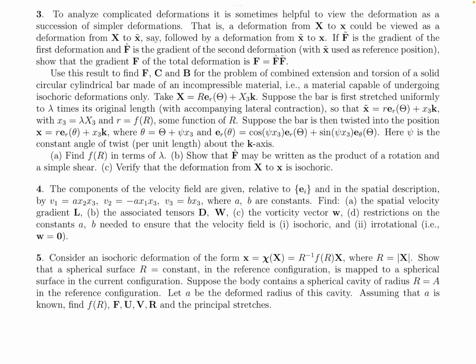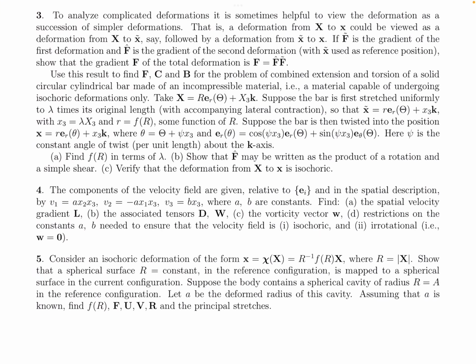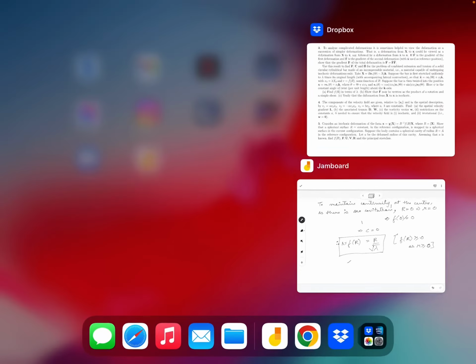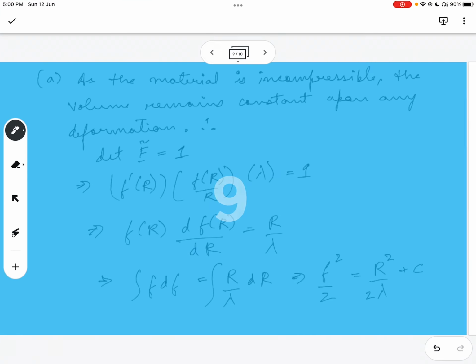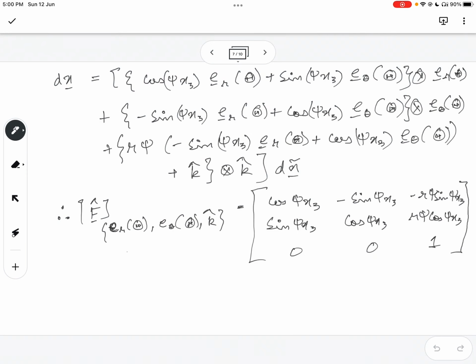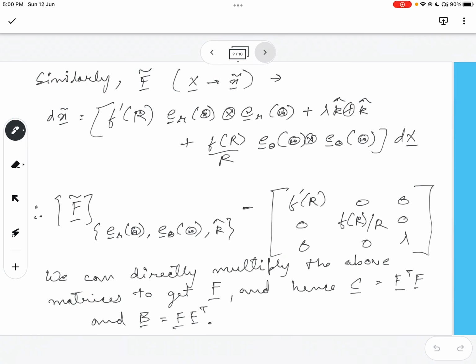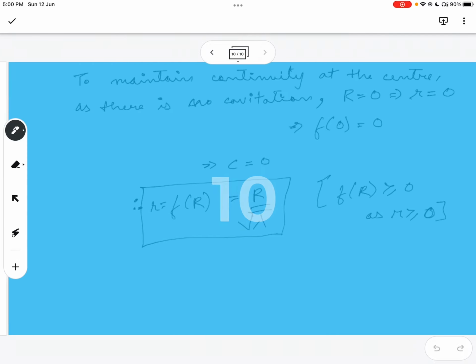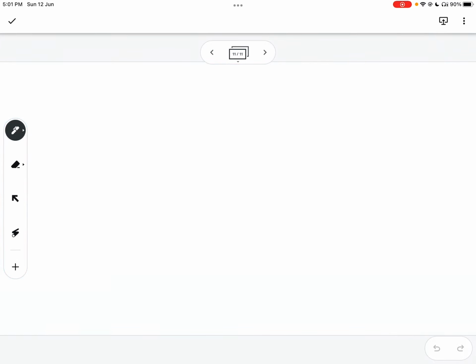Let's look at the next part, which is show that F hat may be written as the product of a rotation and a simple shear. So this is our F hat. And we know that all deformations are incompressible.